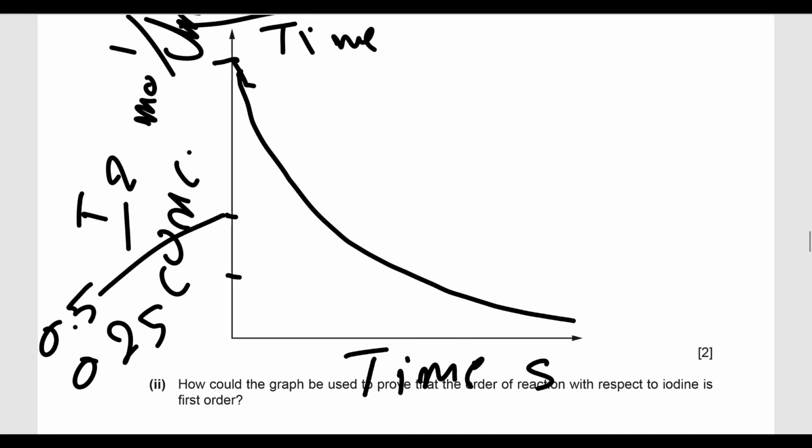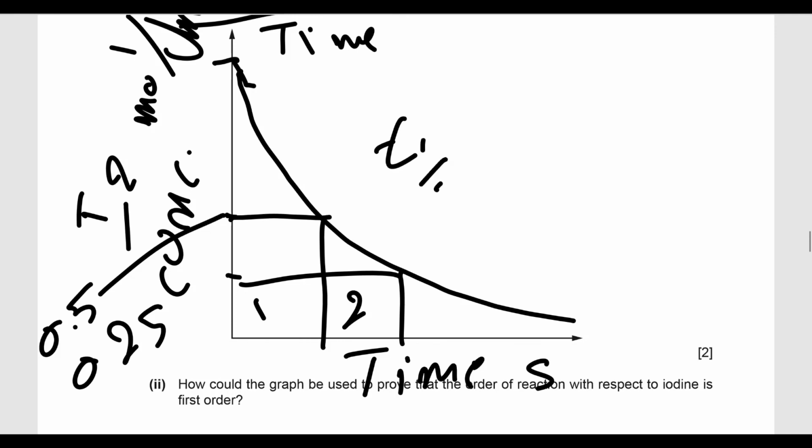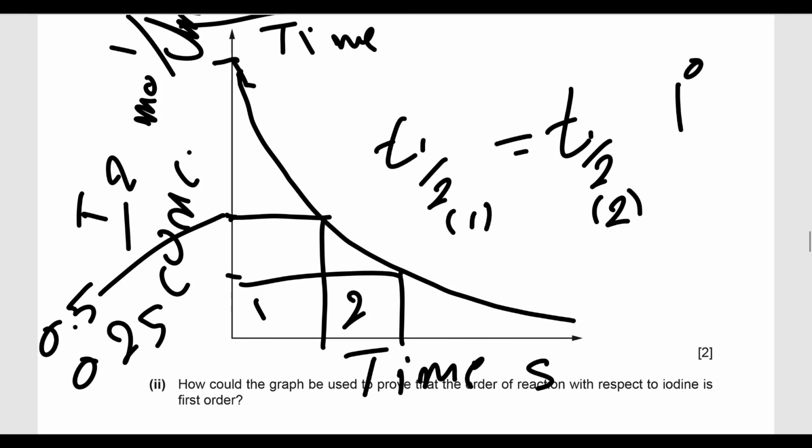So by finding the half-life, both half-life 1 and half-life 2 should be equal. If half-life 1 and 2 are equal, that means you have a first order reaction.